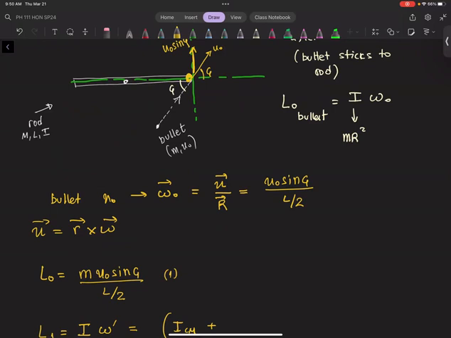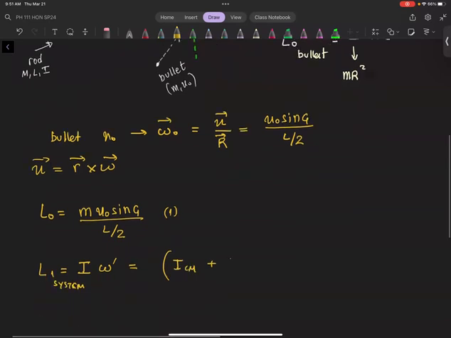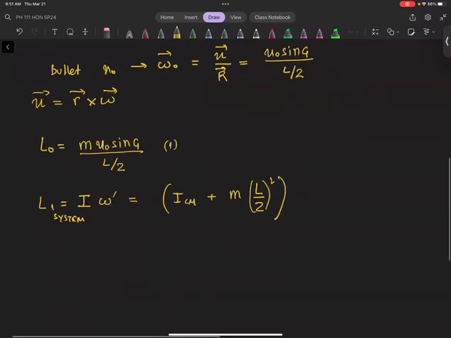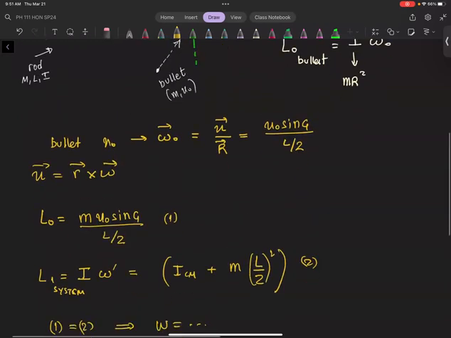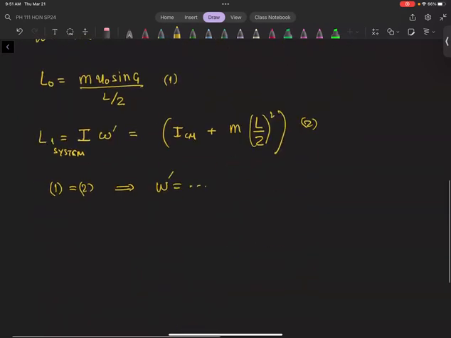Parallel axis theorem says what? You just add this moment of inertia to the rod. Linear stuff, addition, easy, yes? So all you have to write is plus mass, L halves squared, and you're done. Equation 2. You set equation 1 equal to equation 2, and you solve for omega. Is it omega or, yes, omega. Or omega prime, I'm sorry. You guys with me?